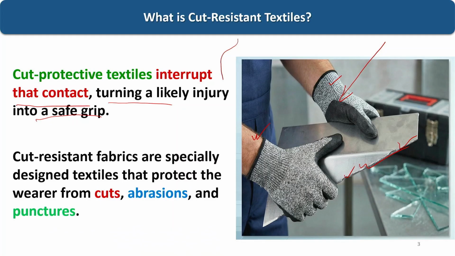These fabrics are specially designed textiles that protect the wearer from cut, abrasion, and punctures. So, we need specialized textile material which will protect us from any type of threat from cut, abrasion and puncture.